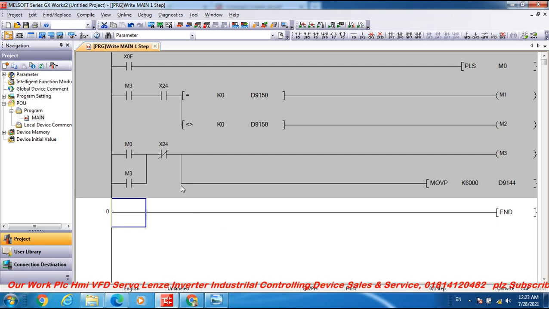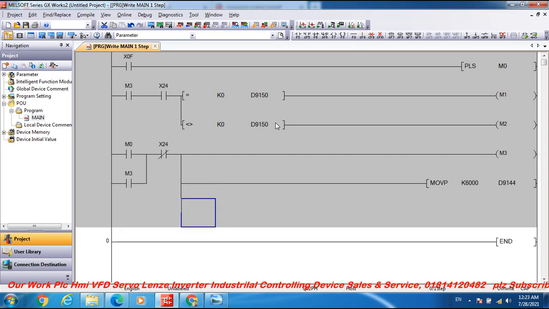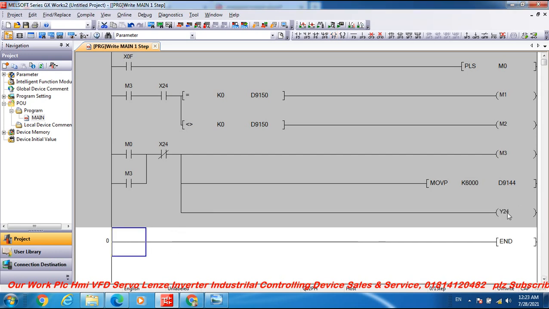And vertical line, yes, and output is Y24, the motor output.